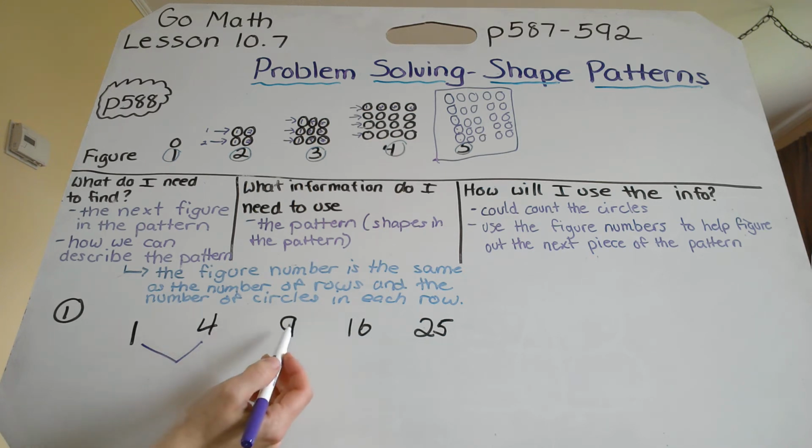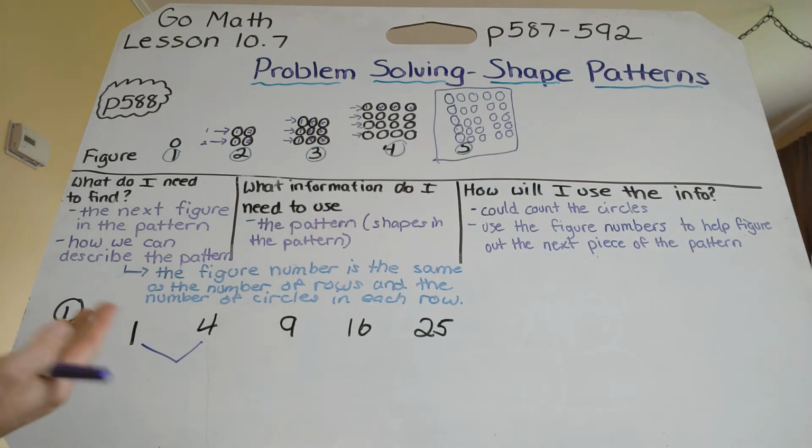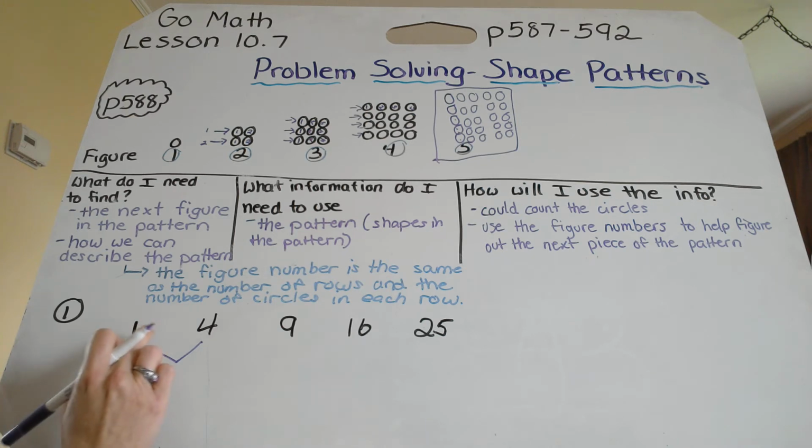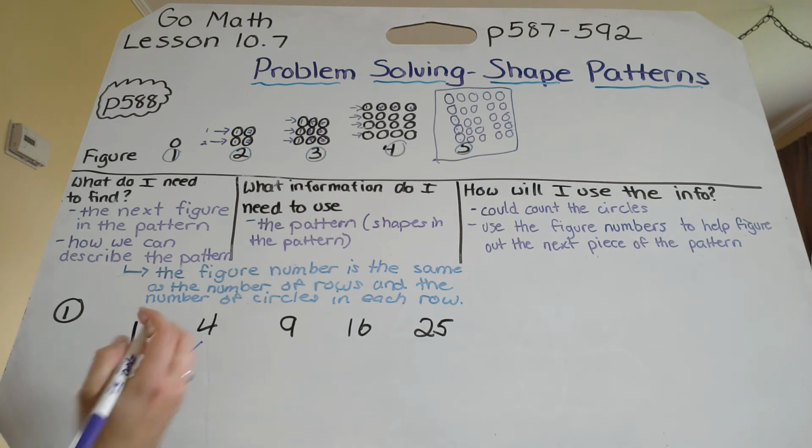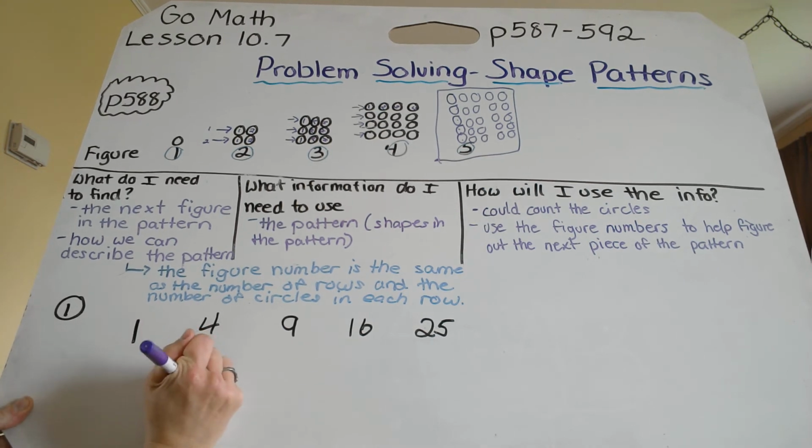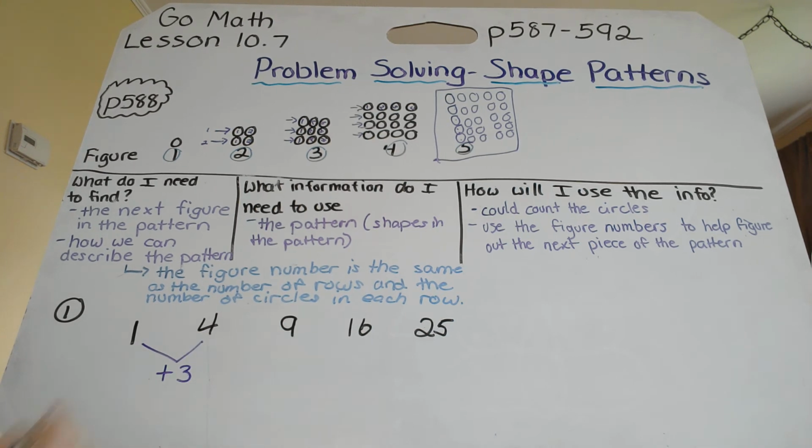Is 4 times 4 9? No, it's not. So we know it's not multiplication. The only other way that we can get our numbers bigger is by adding. So 1 plus what is 4? You're right. So this one, we're adding 3. Okay, 1 plus 3 is 4.